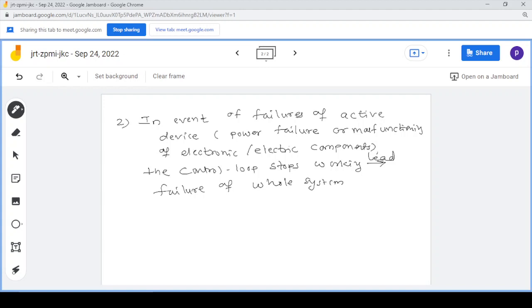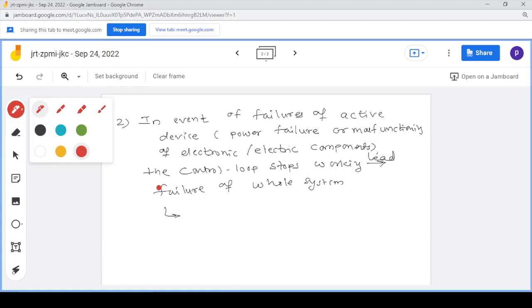Right? So, under such circumstances, semi-active or hybrid control methods are preferable to fully active control. So, in such cases, whenever there is a chance of power failure or malfunctioning, what can we prefer?